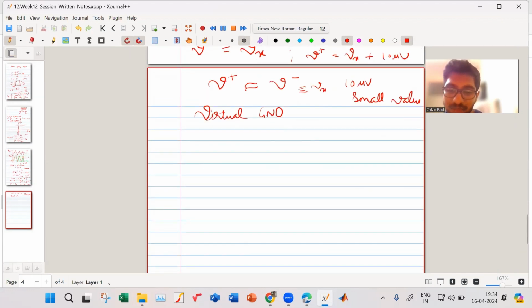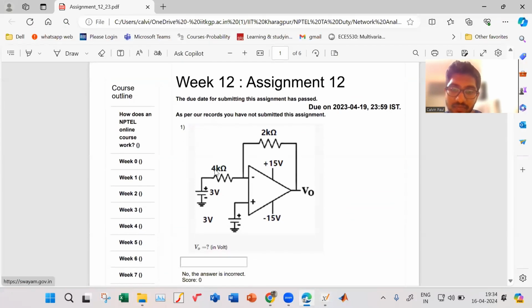So now we'll start solving sums. Assume this sum.